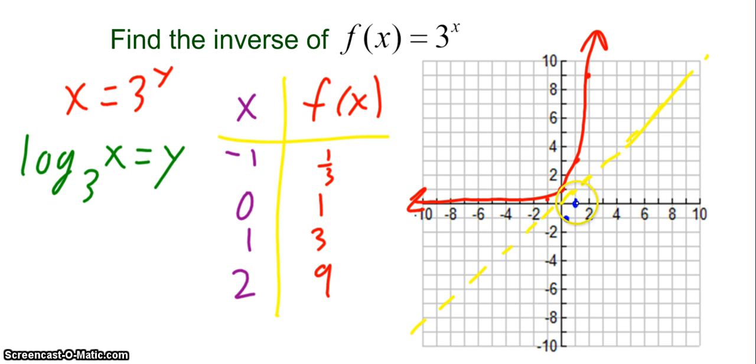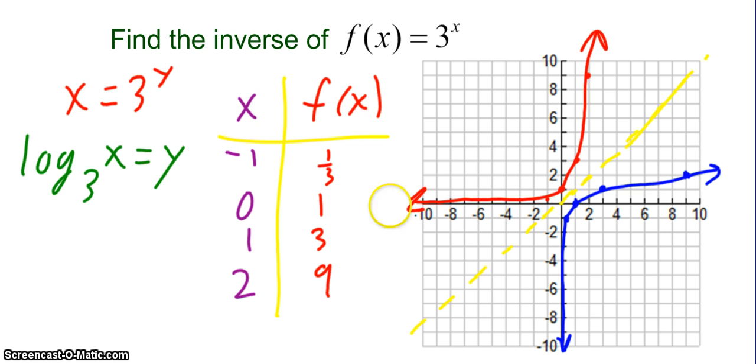Instead of having the point 1, 3, I'm going to have the point 3, 1. Instead of having the point 2, 9, I'm going to have the point 9, 2. So my inverse, which is the log graph, is going to look like this. Wow, that's lovely.